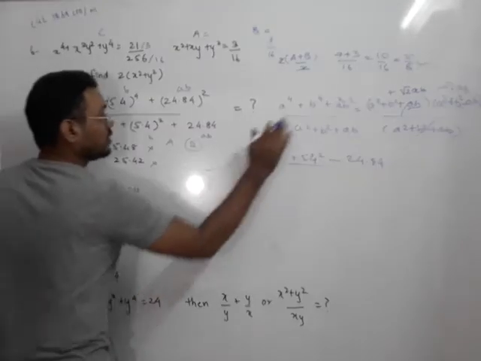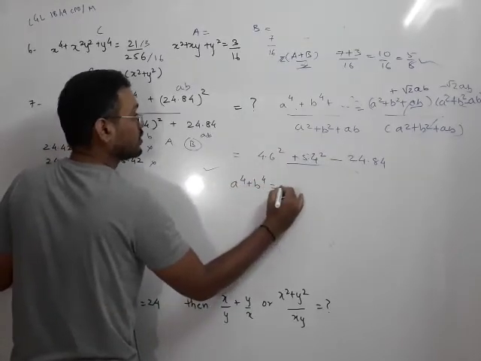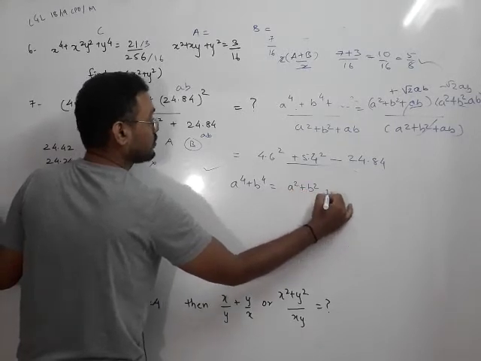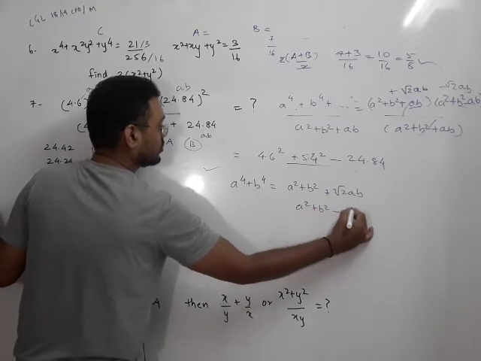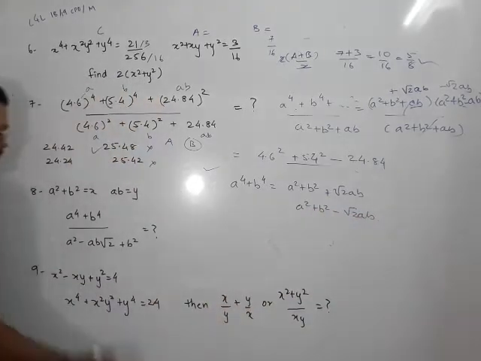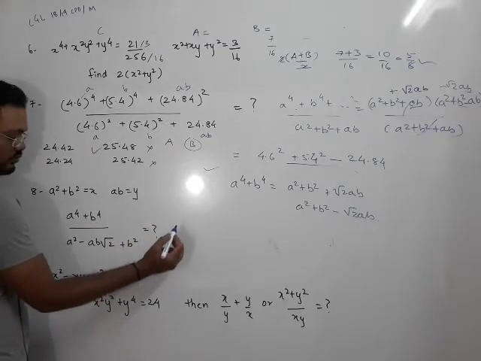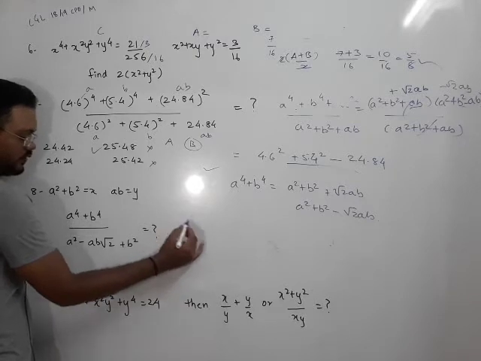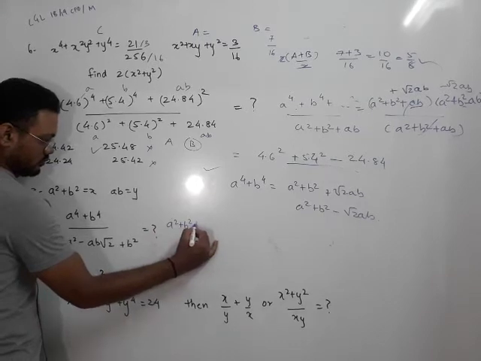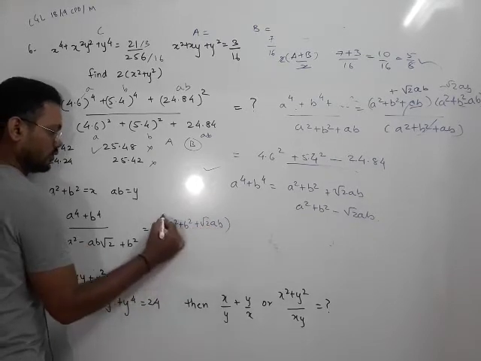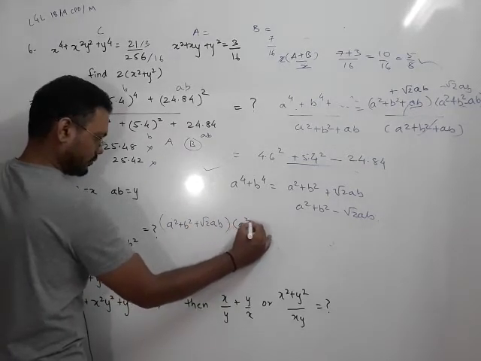A raised to 4 plus b raised to 4 is (a square plus b square plus root 2ab) into (a square plus b square minus root 2ab). Now I am writing this. Once you practice this, you don't have to write it every time.